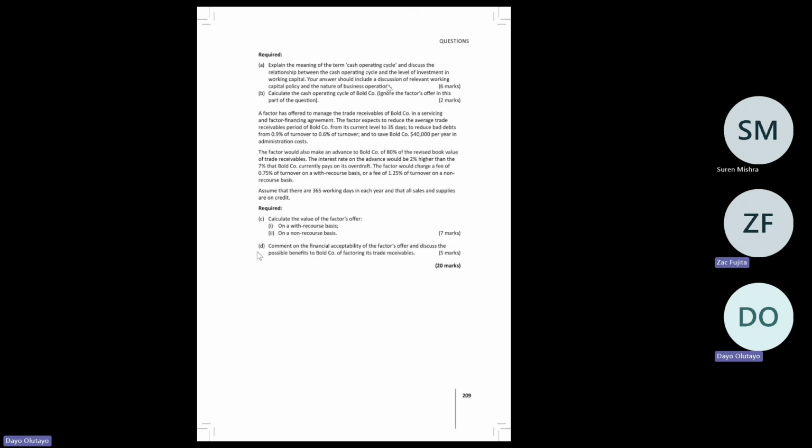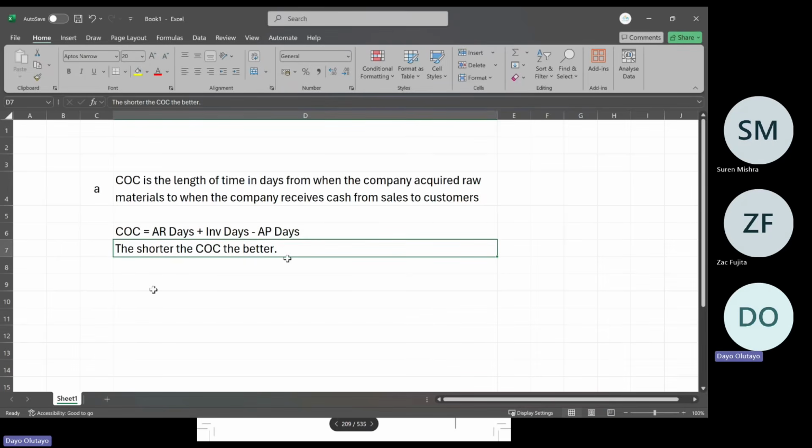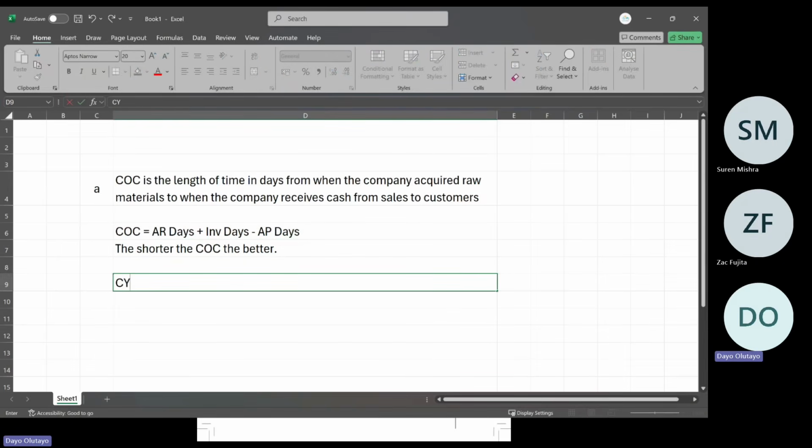So these type of questions, the best way to go about it is to address it in steps. Look at it. They ask us to discuss the relationship between the cycle and the level of investment in working capital. So we are talking about cycle versus working capital items.